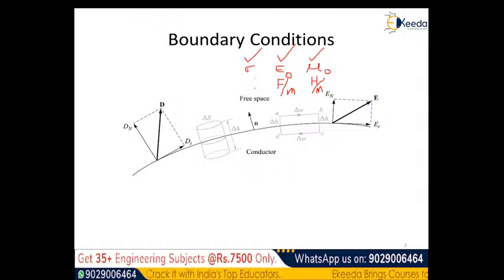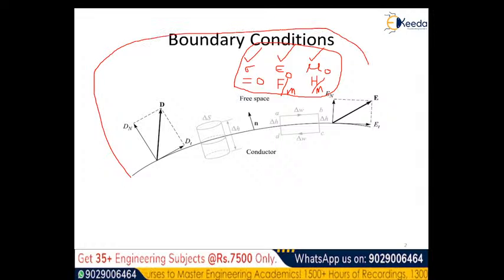So now free space will have sigma equal to 0. Then epsilon 0, the constant value I have just now discussed with you. Mu 0, that is 4 pi into 10 raised to the power minus 7 Henry per meter. So these are the three parameters that describe the medium above this curved line.